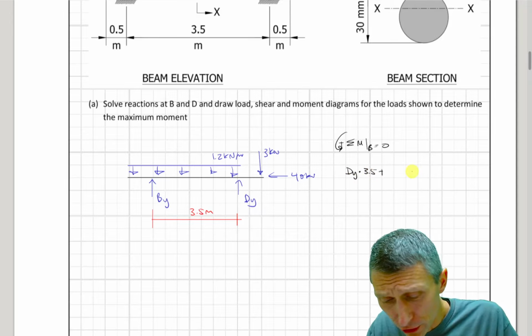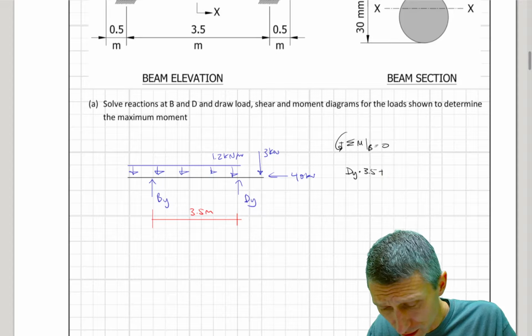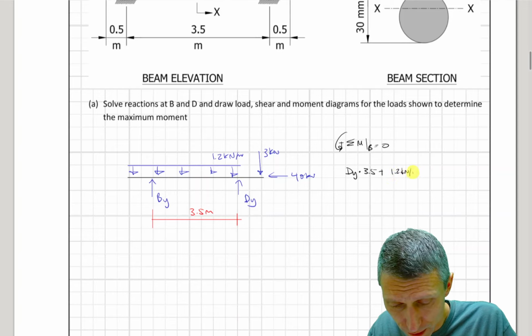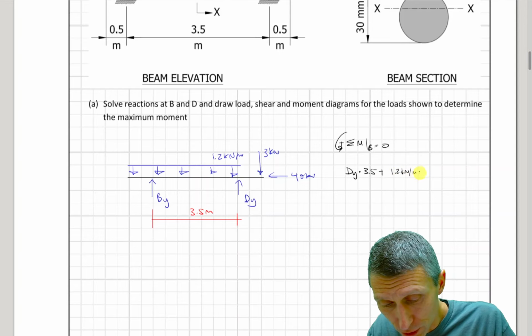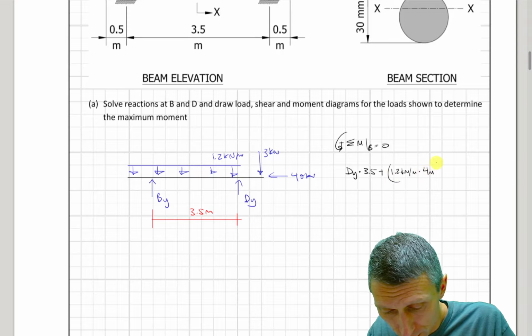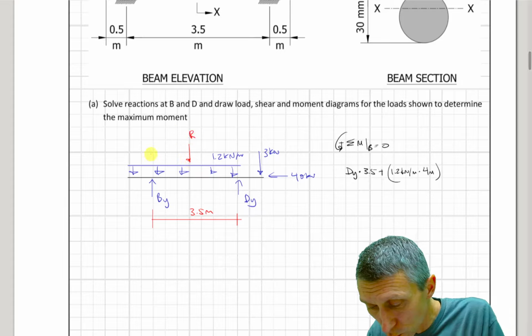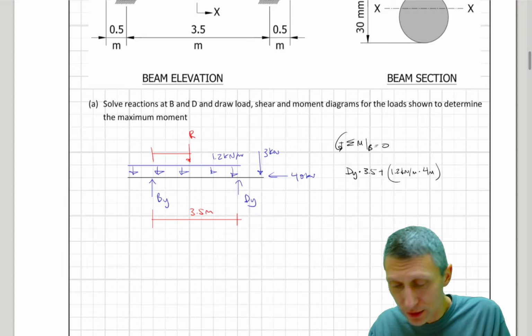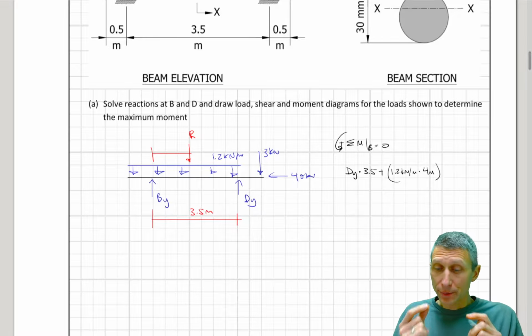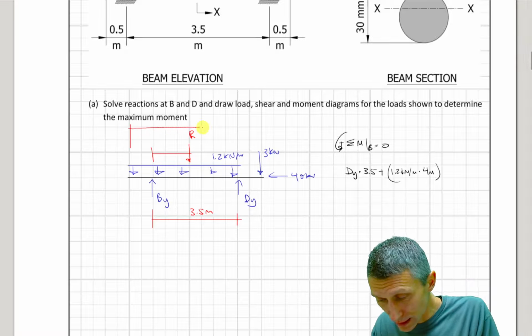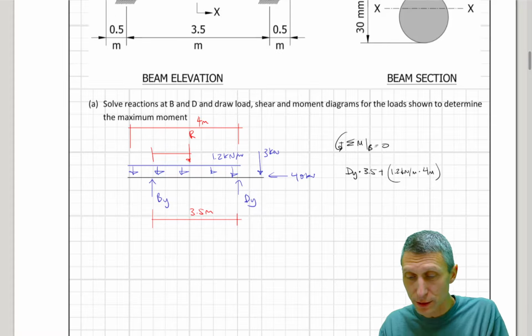Okay, then what am I going to do here? Maybe I'll do these loads here. I'll say the 1.2 kilonewtons per meter times a total of 4 meters, right? That gives me this resultant, and what I need is the distance between that resultant and point B. Well, if we've learned anything in this course, you know that this whole distance is 4 meters.